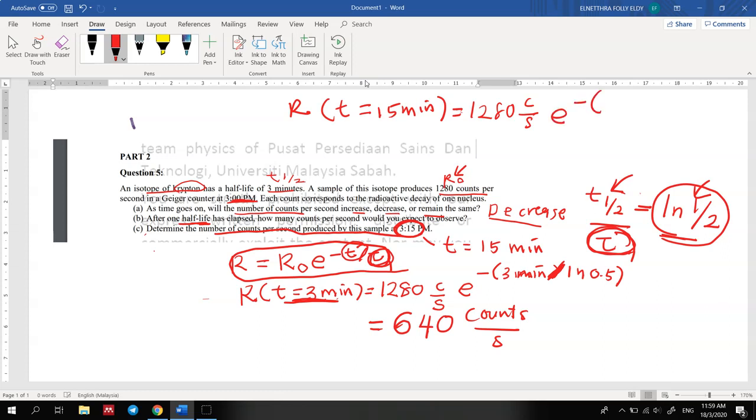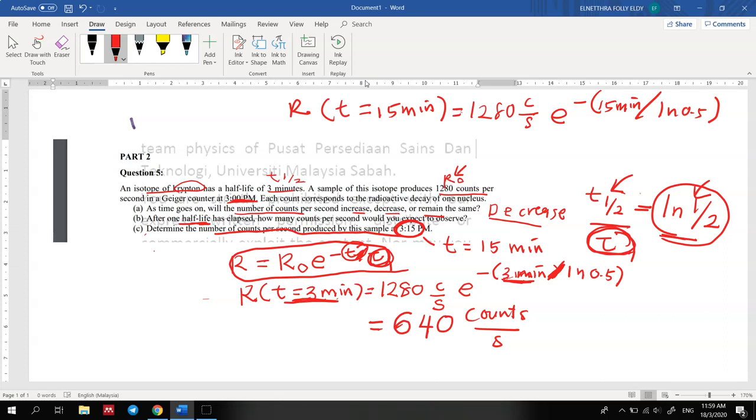Exponent of 15 minutes over here, because the equation states this is for t, so this is 15 minutes, over ln 0.5. The decay constant for krypton in this case is similar, whether it is after 5 minutes, after 15 minutes, or after 30 minutes.